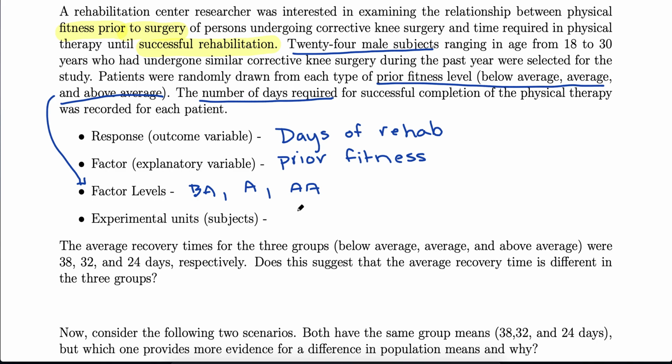Okay. And then our experimental units, who or what is being divided into these groups. They tell us we've got 24 males in that 18 to 30 age range that are being divided into these groups. All right, so kind of a review of that familiar terminology.